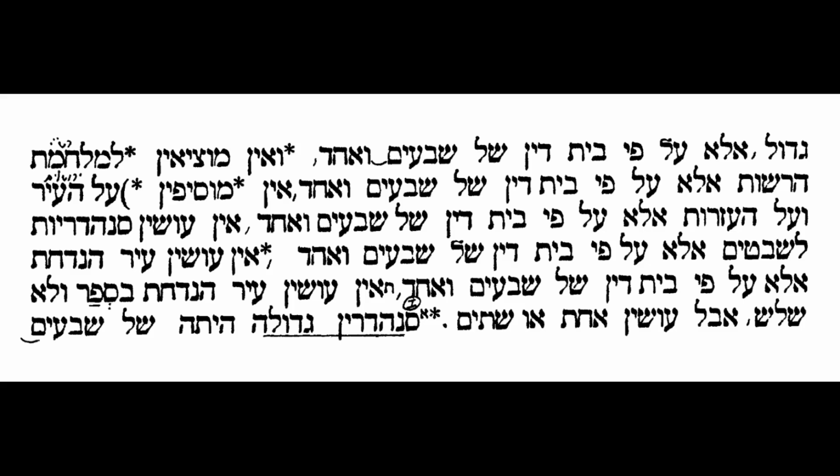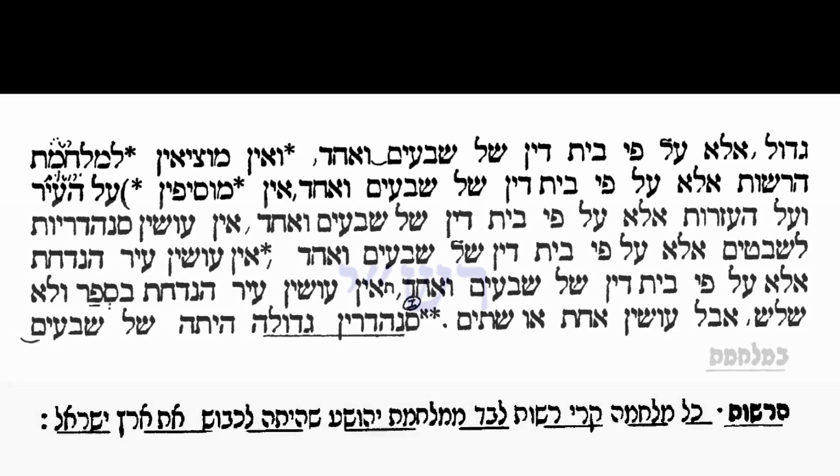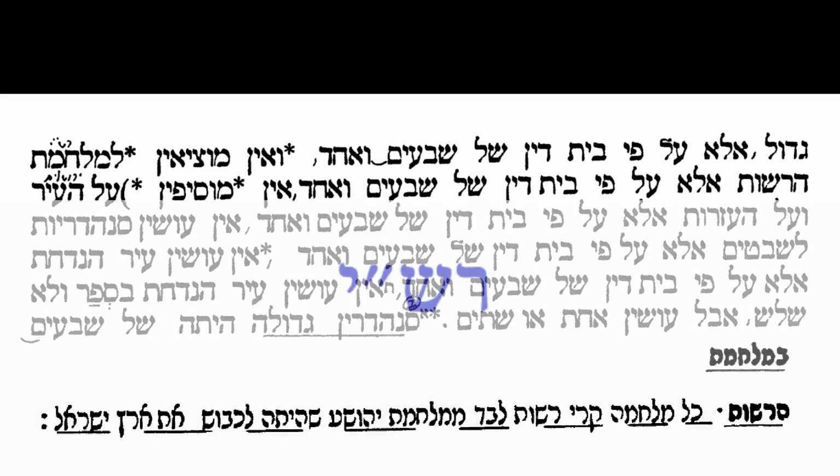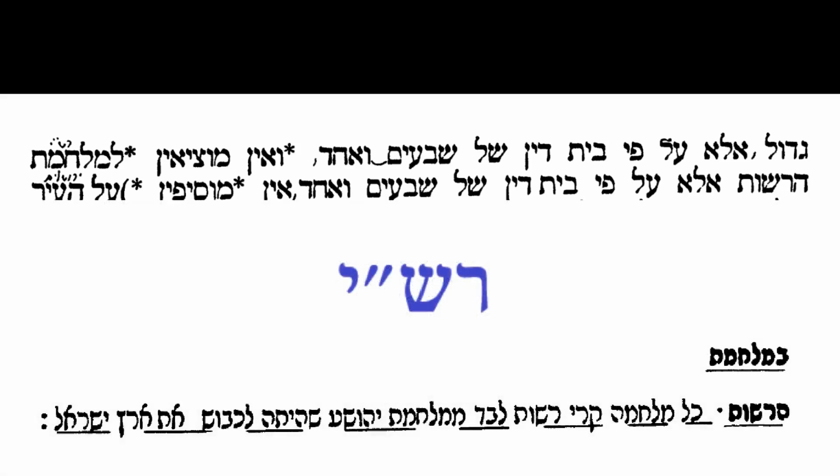The term milchemes reshus is described by Rashi over here, a very provocative, interesting Rashi, which is worthy of a much greater discussion based on other sources. But here Rashi says, milchemes reshus, kol milchama kori reshus. All wars are categorized as milchemes reshus, reshus loosely translated as optional wars, levad mi'milchemes Yehoshua, with the exception of the wars that Yehoshua conducted in the conquest of the land of Israel, she'hayu l'chibush es Eretz Yisrael.